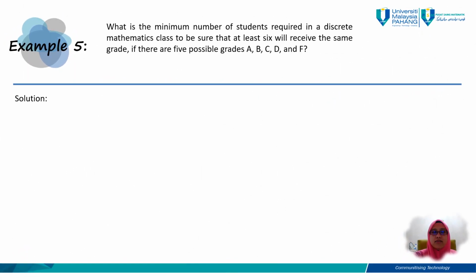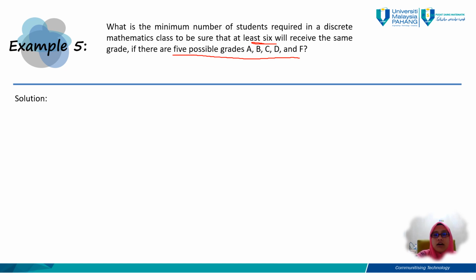Alright, so let's try example number 4. What is the minimum number of students required in a discrete mathematics class to be sure that at least 6 will receive the same grade if there are 5 possible grades: A, B, C, D, and F? So let's list out all the information that we have.